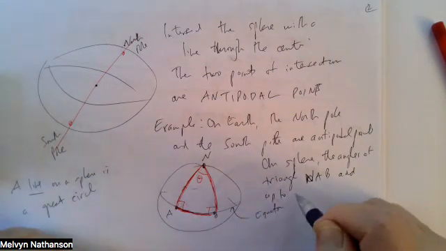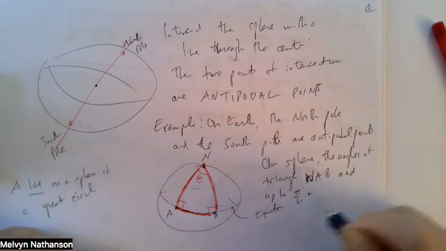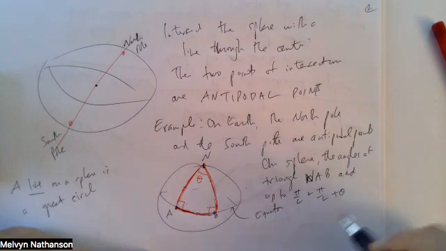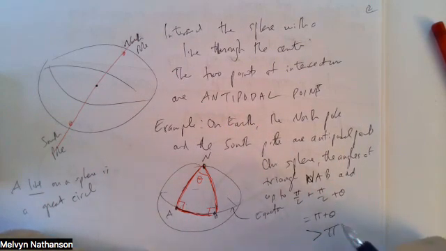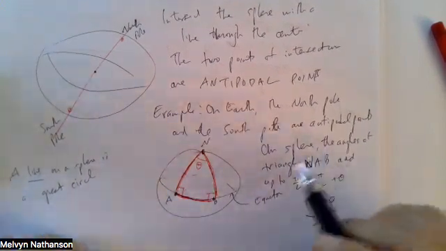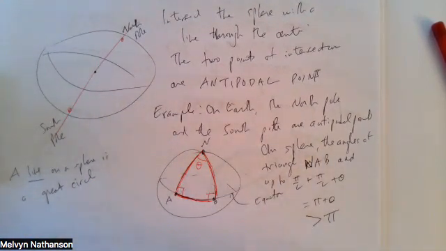I have a right angle plus another right angle, that's pi over 2 radians, plus theta, that's pi plus theta, that's greater than pi.